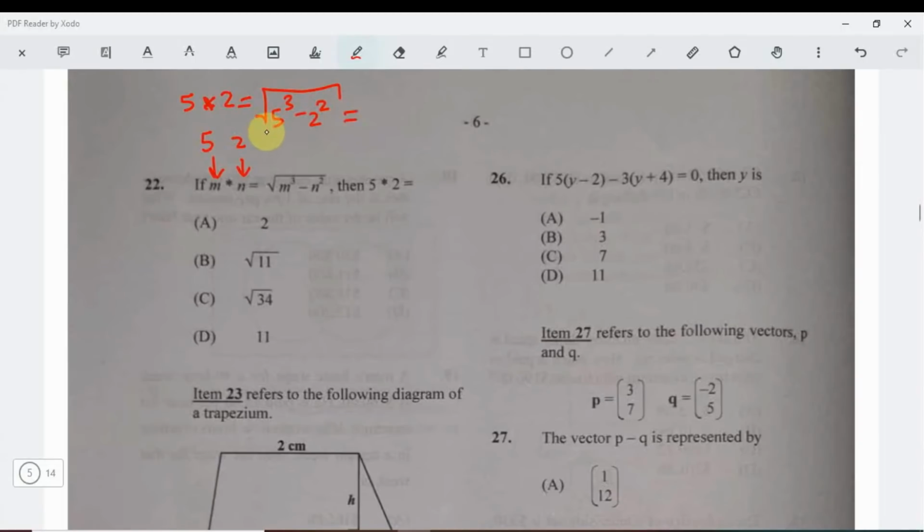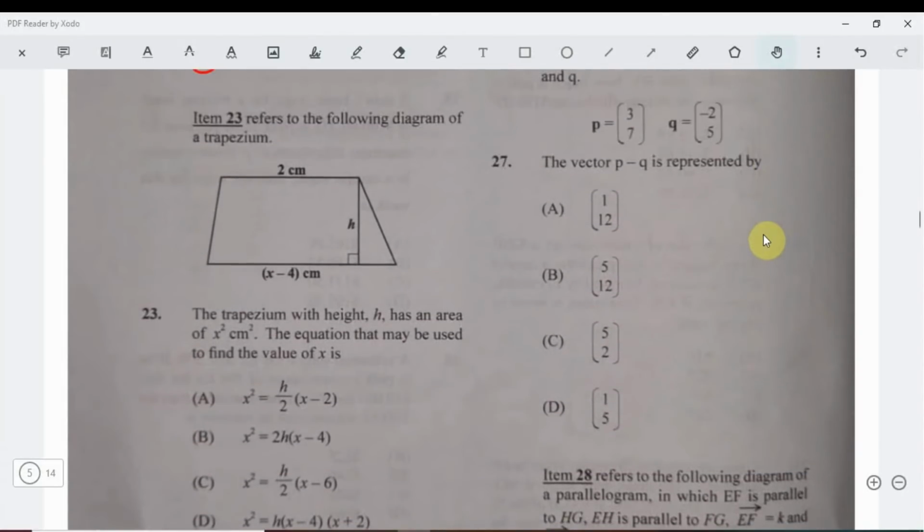That is 125 minus 4, which is 121. The square root of 121 is 11. So 11, that is option D. Nice.